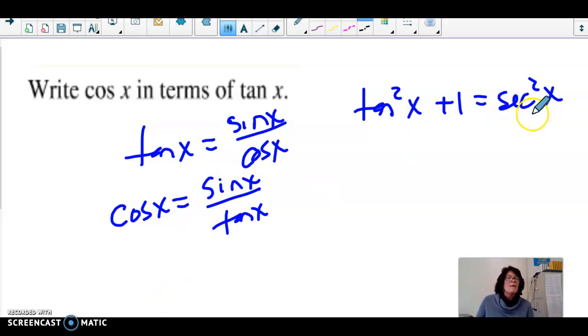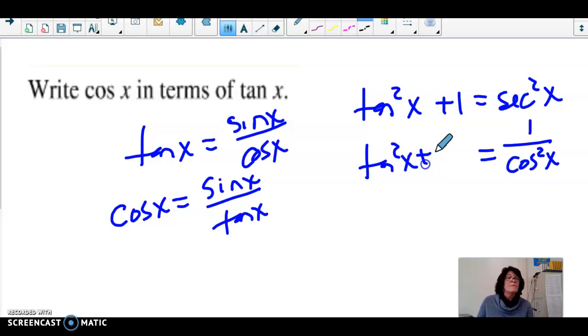Okay? I do know that cosine is the reciprocal of secant. Right, so secant squared is the same as 1 over cosine squared. Isn't that true? Does that make sense? I didn't change anything. Secant squared is the same as 1 over cosine squared.